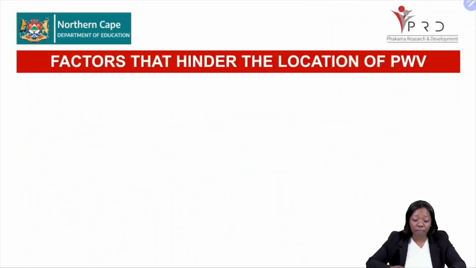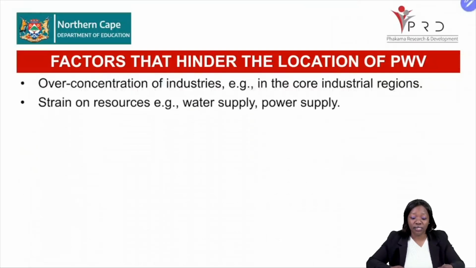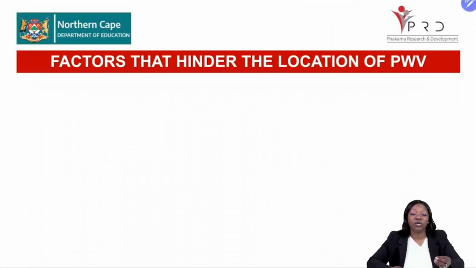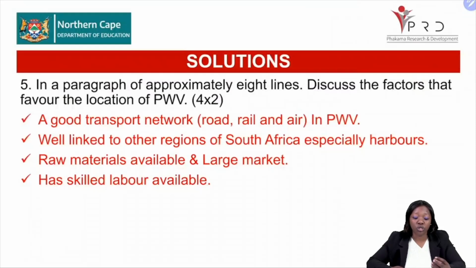And also, remember, we said these industries also have higher learning institutions. So these people are going to be trained in this region, and also they are going to look for employment in this region. Hence, they have skilled labor that is available.